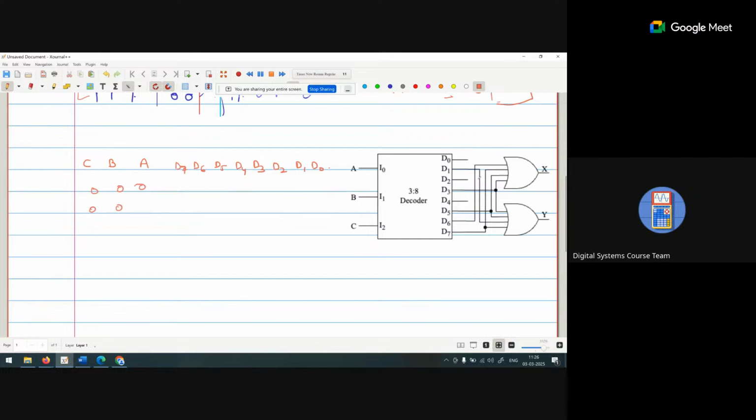It is 0, 0, 0, 0, 0, 1, 0, 1, 0, 0, 1, 1. There is no need of a truth table, but I just mention it. Sir, we can directly create an equation, considering the truth table. Okay, so it becomes 1, 1, 1, 1, 1, 1, 1, and 1. Okay, the rest are 0.